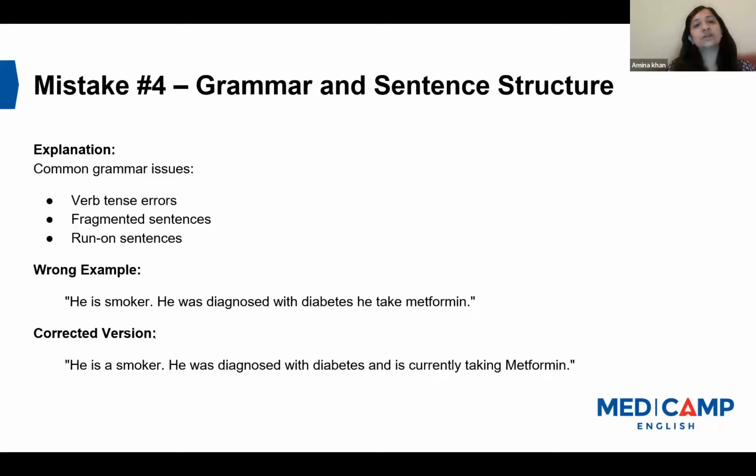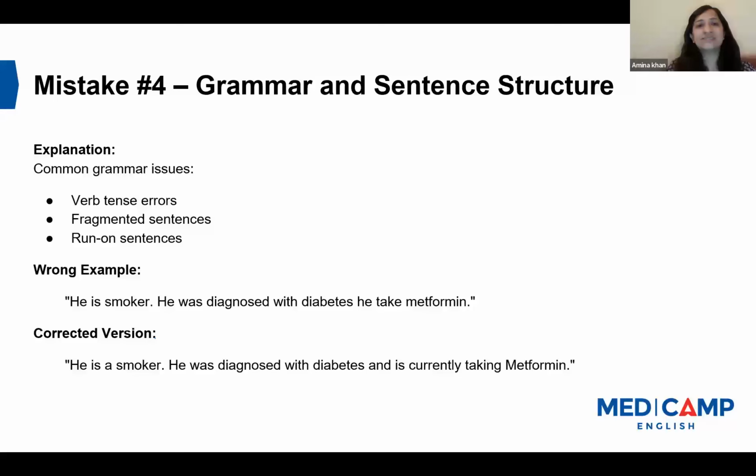So you need to understand what kind of tenses you are going to use when you are stating different scenarios of the patient, and what kind of sentence structure you need to apply. So the common grammatical issue, as I said, is the tense, use of proper tense.